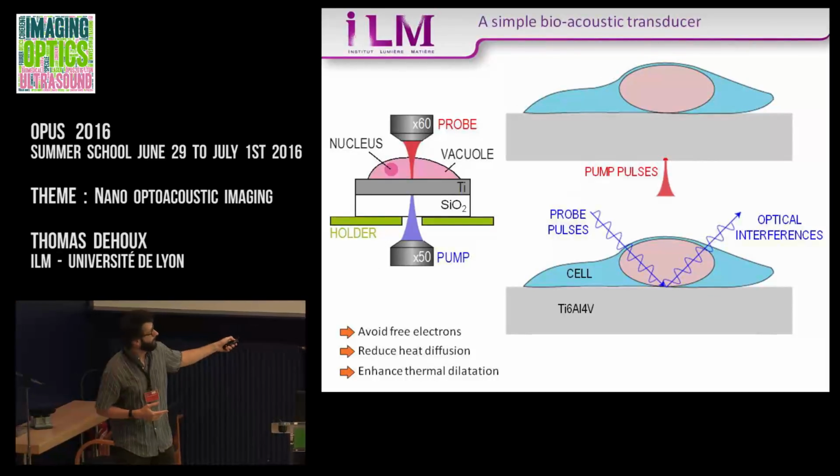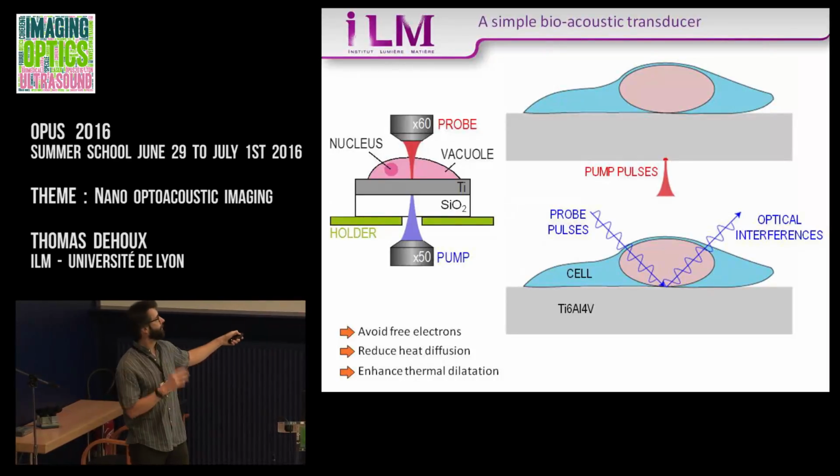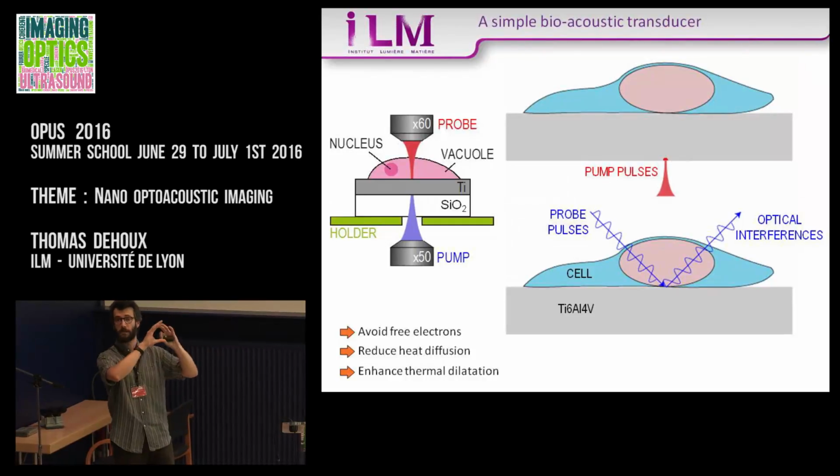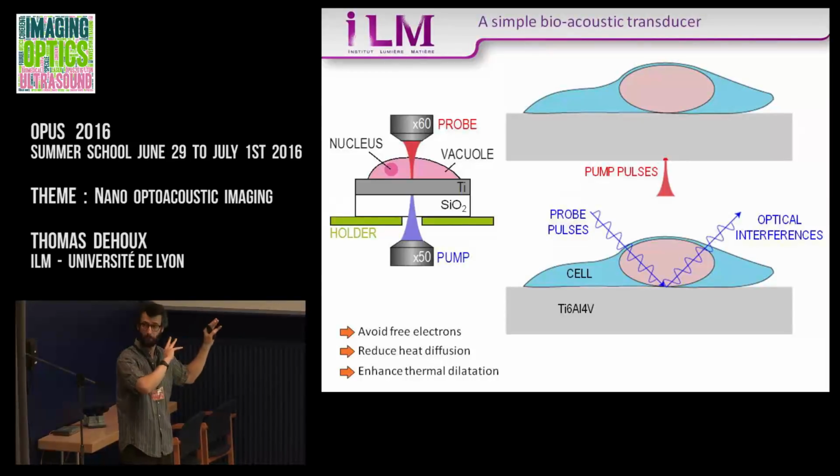And we focused the pump beam that generates the acoustic wave at the bottom of the metallic film to avoid the free electrons I was talking about. If you generate electrons, it will be in this region, and the cells are on the other side, far away. They are shielded by the metallic film from the free electrons.